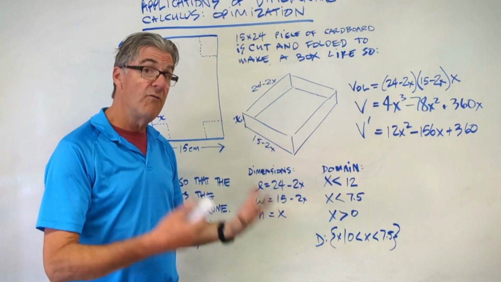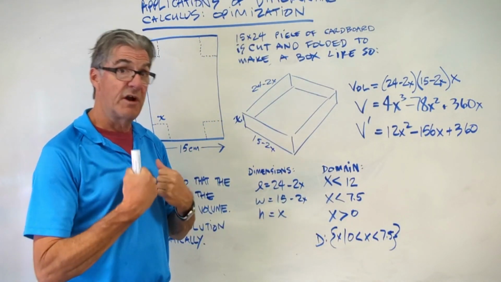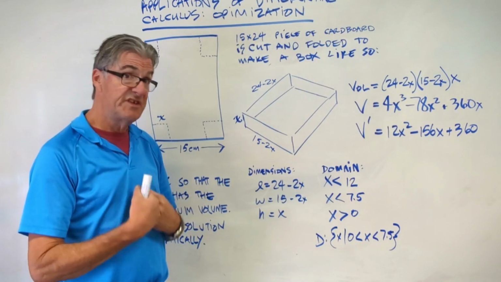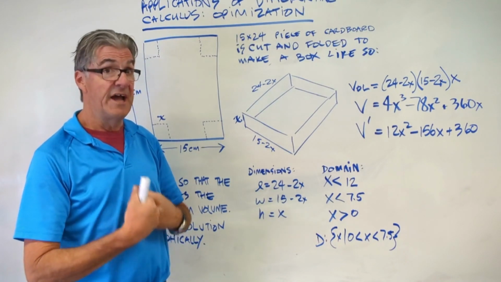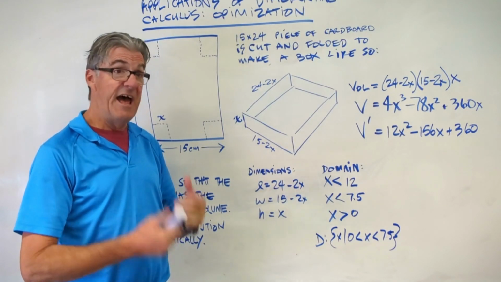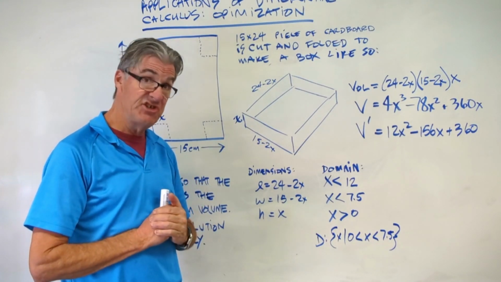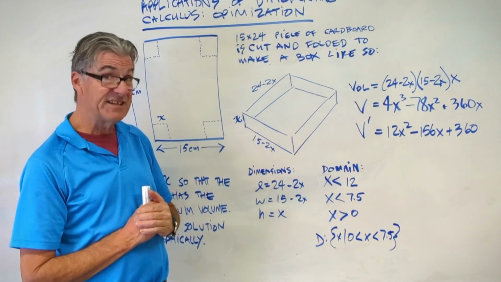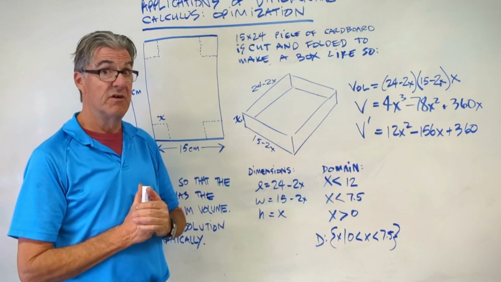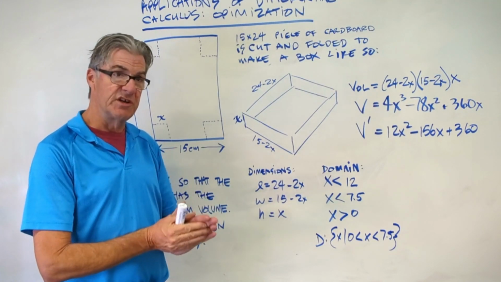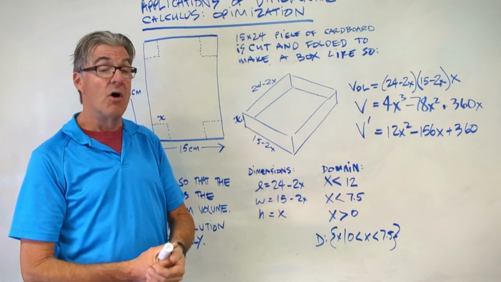Now, if you recall what we've been doing with our first derivatives, we set them equal to 0 and solve for x. That gives us points for x where the tangent line has a flat slope, or the slope is 0. What that means for our function is that we've hit a maximum or a minimum.